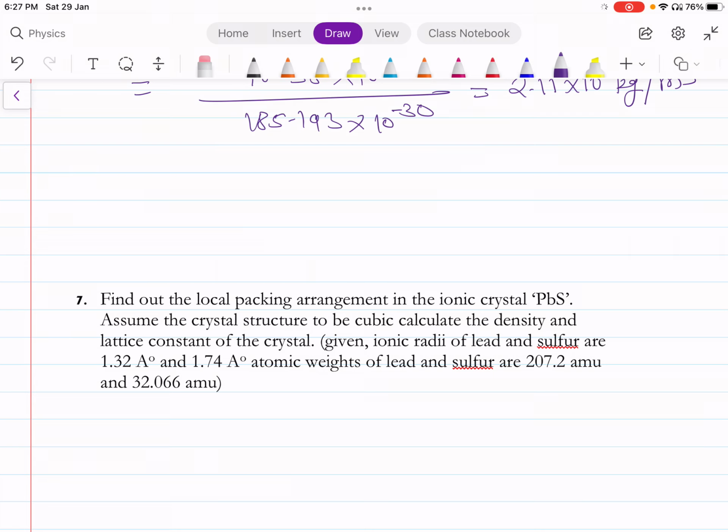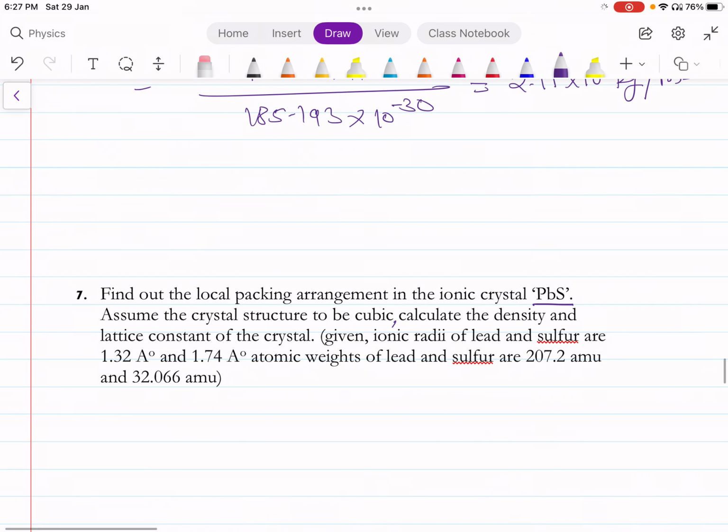Let's solve the seventh problem, which is: find out the local packing arrangement in the ionic crystal lead sulfate, PbS. Assume the crystal structure to be cubic. Calculate the density and lattice constant of the crystal. So let's see.